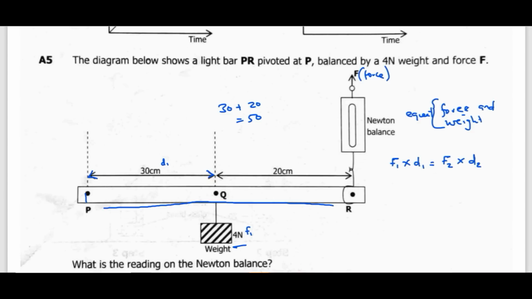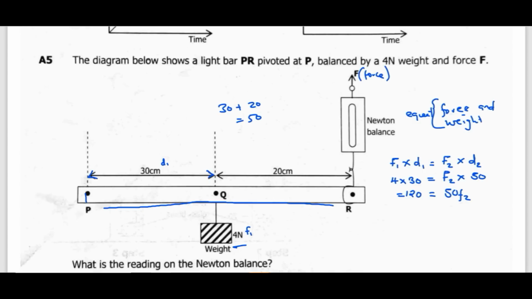So we can substitute. F1 is 4 times 30 is equal to F2 times 50. When you multiply, 4 times 30, we have 120. So here we have 120 is equal to 50 F2.